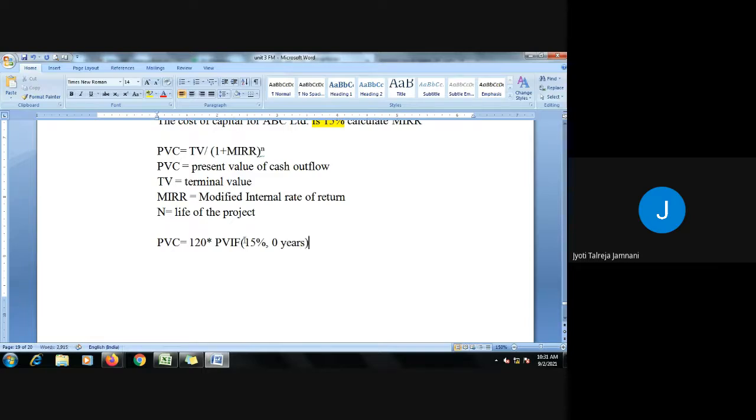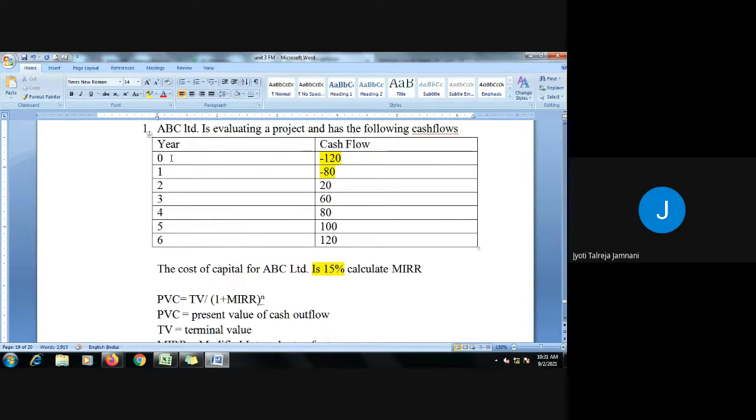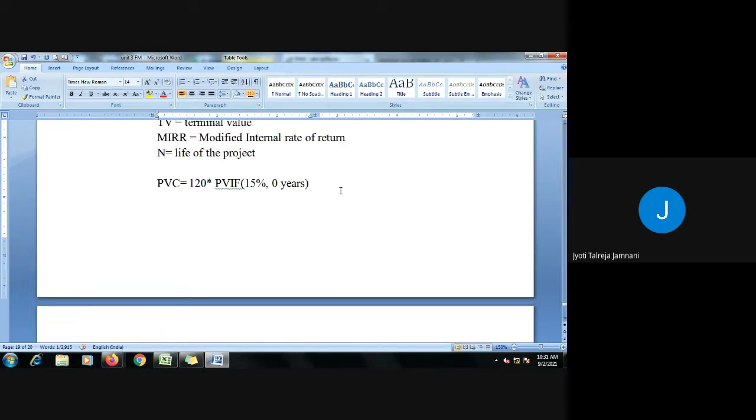If you could just see here, 120 is invested in year 0. Then the next is 80, so plus 80 into present value interest factor for 15% for 1 year. Okay, so this is how we need to calculate PVC.